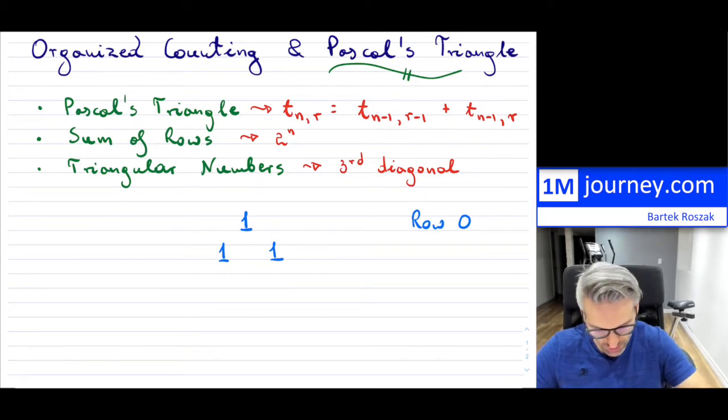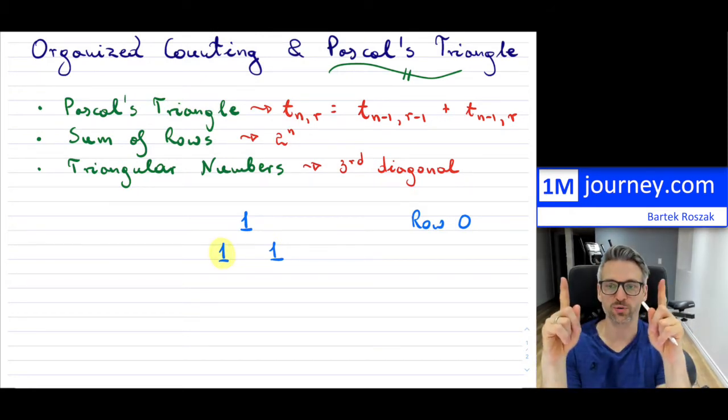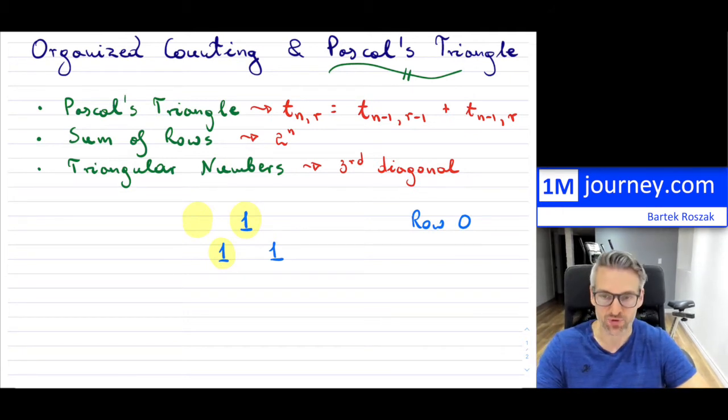This number right here is going to be the summation of the two numbers just above it. There's only one number here, this one, and you can imagine if there was another one there, but there isn't. So if you add up those two numbers, you'll get the 1 again.